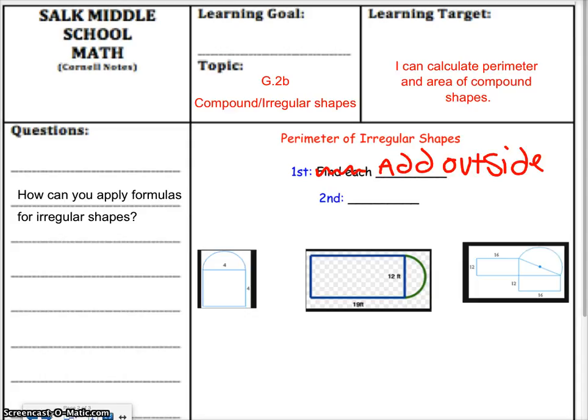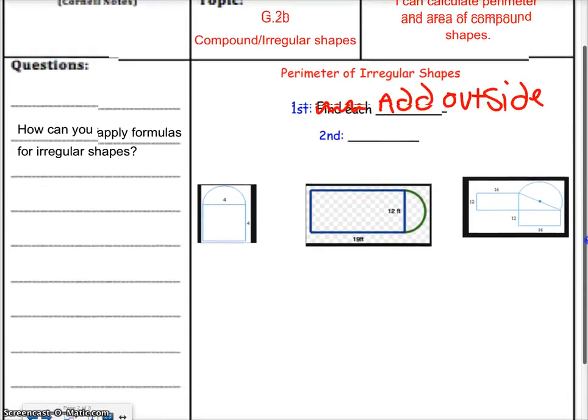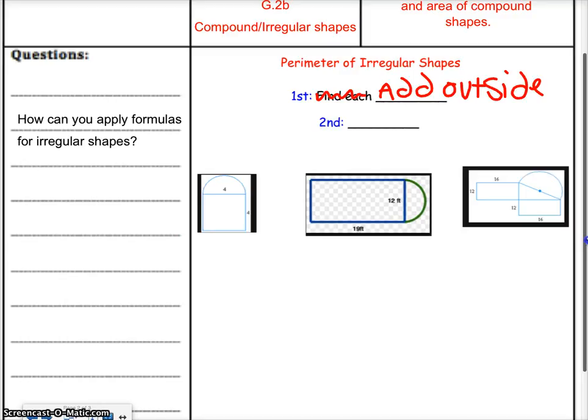You don't want to find each perimeter because I don't want to find this perimeter. I just want to find the outside. So I'm not sure why I said that. All I want to do is add outside, and that's it. So, I mean, I guess if I have two steps, I always deal with that circle last. Okay, that's how I handle that.